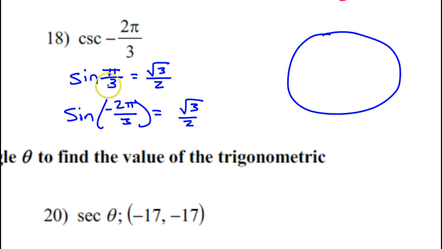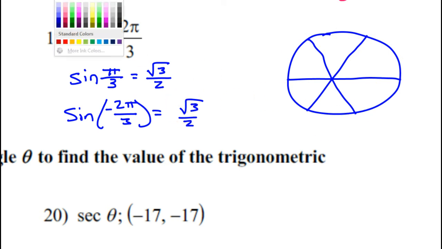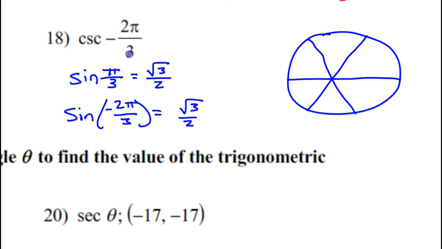Since the reference angle is pi over 3, I'm going to draw a bunch of pi over 3's. Pi over 3 is 1/3 of a pi, so that's why I'm taking the top half of the circle and dividing it into 3 equal parts. So each one of these positions is pi over 3 as I move around. Now, this is actually -2 pi over 3, so I'm going to move in the clockwise direction because this is the negative direction.